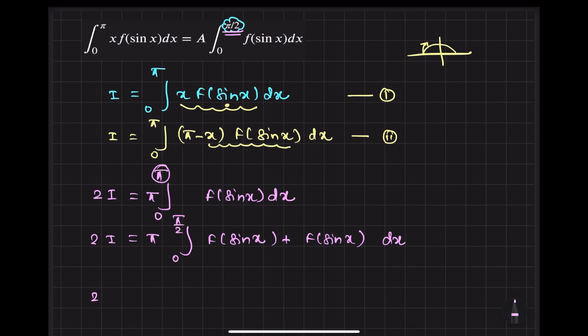So we can write 2 times I is equal to 2 times pi times the integration from 0 to pi by 2 of f of sin x dx. Okay, this 2 is gone. We are supposed to find a, therefore the value of a is pi.